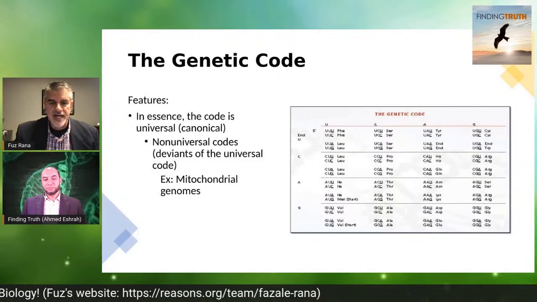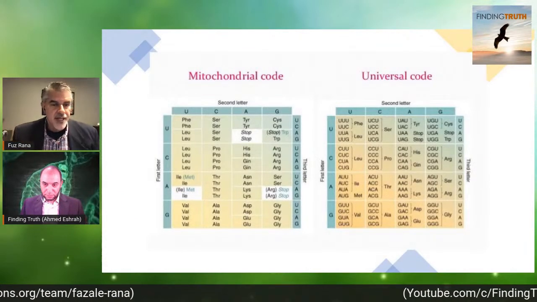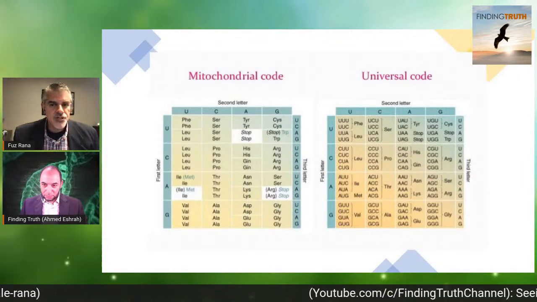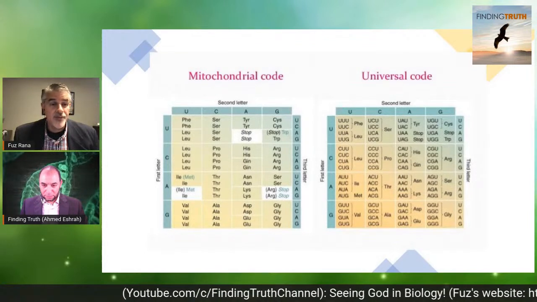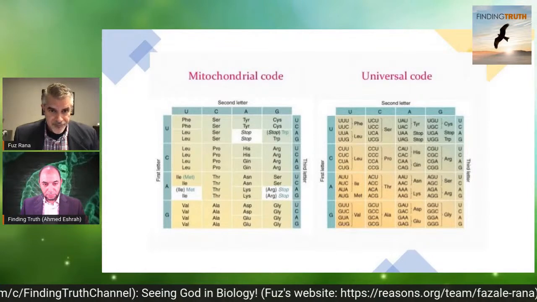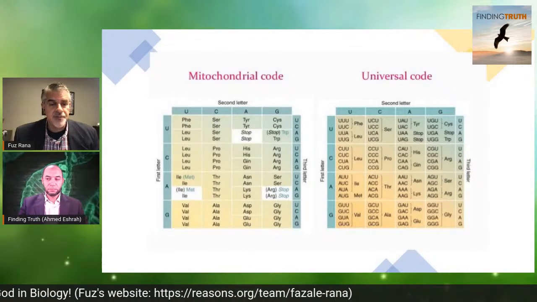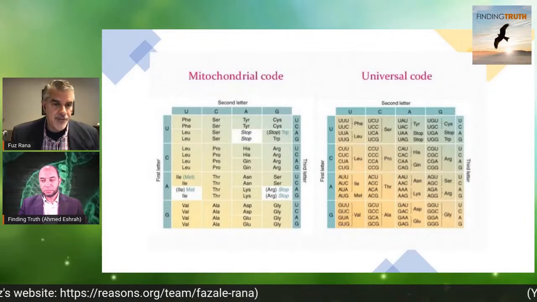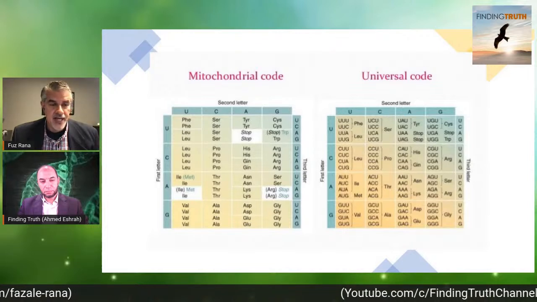This is just a diagram showing that difference, and it usually involves one or two positions in the genetic code that are slightly different, and they almost always involve codons that are stop codons, where what was a stop codon in the universal code will specify a particular amino acid in the deviant of the genetic code.